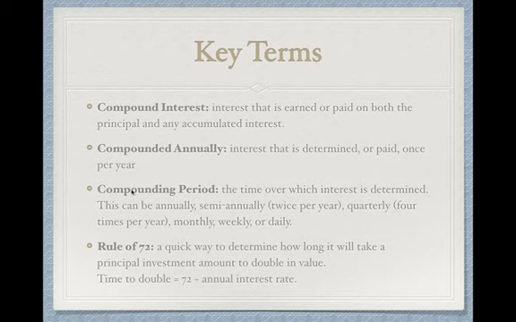Which is why we have this next definition of a compounding period, because this is the time over which interest is determined, okay? So you might be given a 6% interest rate per year, but it's compounded semi-annually, which means the interest gets added on twice a year instead of just once at the end of the year, okay?